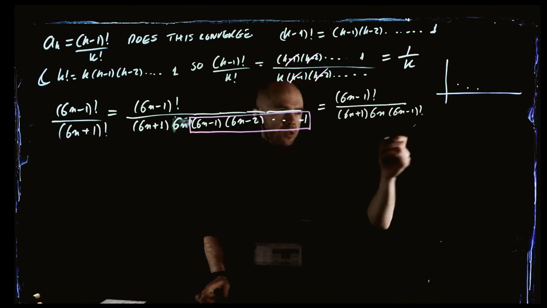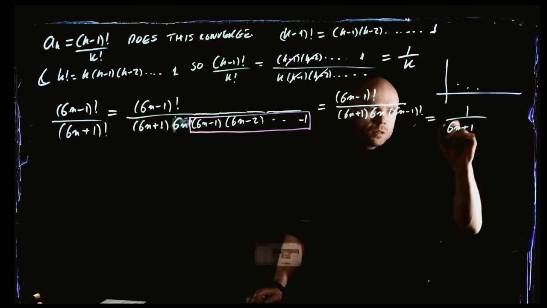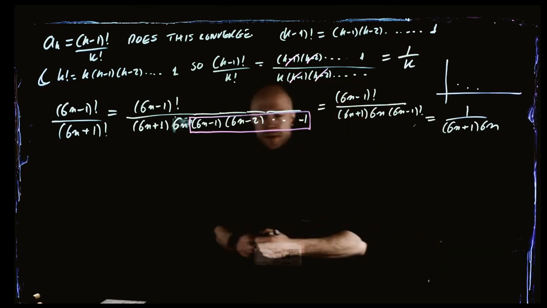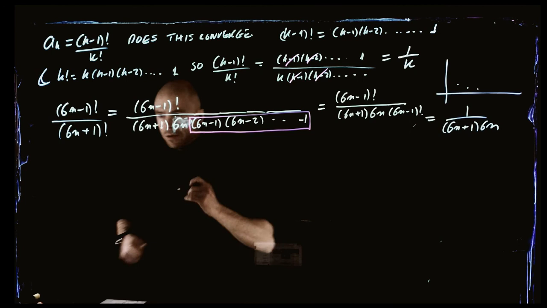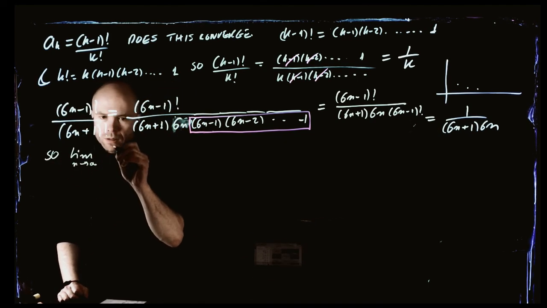And then the 6n minus 1 factorials cancel, and we just have 1 over (6n plus 1)(6n). Okay, and then this thing just goes to 0 for the same reasons as before. So the limit as n goes to infinity.